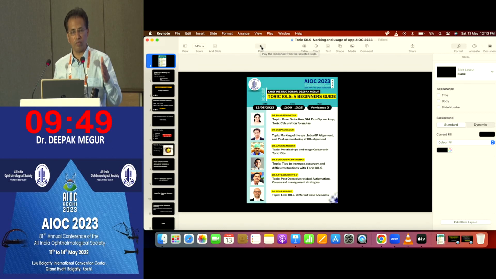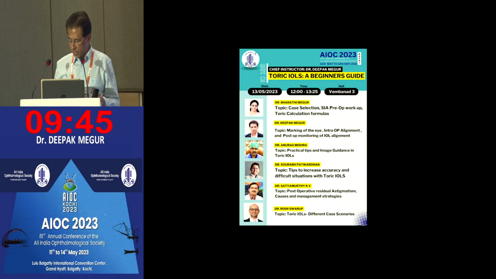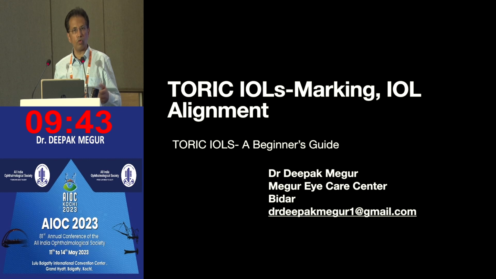It is quite safe. You can always start doing your toric lenses as and when your resources improve, you obviously can add all the gadgets. So first take home message is, even with your regular A scan with immersion biometry and good readings from your autokeratometer reading, you can start doing your toric lens implantation with excellent outcomes.